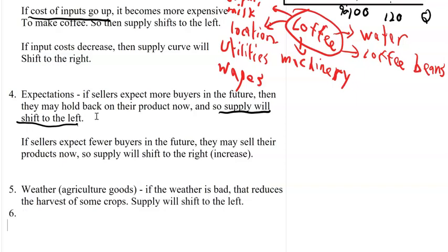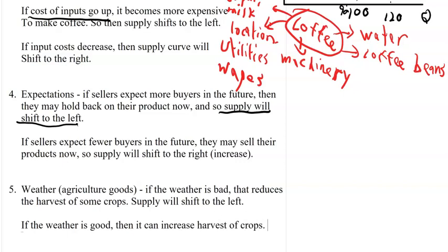Now, if the weather is conducive, if the weather is good, then it can increase the harvest of crops, so then supply will shift to the right.